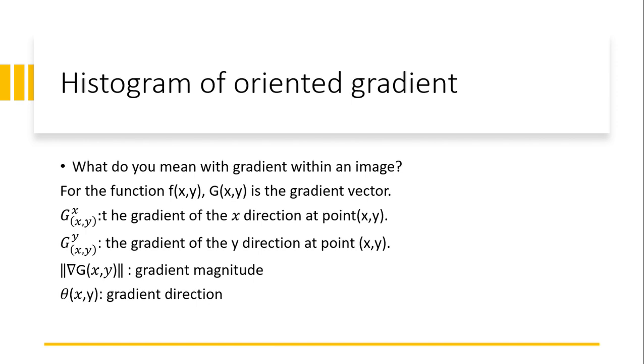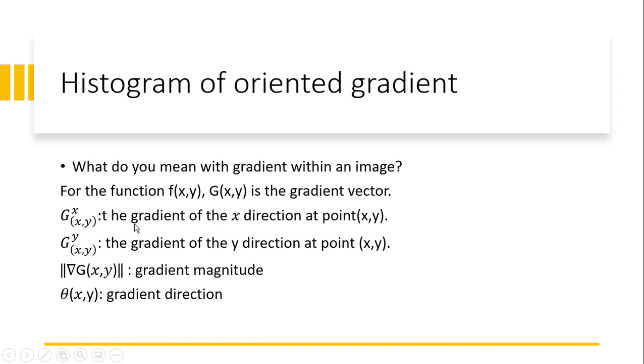Now let's go through the histogram of oriented gradients and the mathematical part. What do we mean by gradient within an image? Let's assume that f of x, y is a function representing the whole image, and g of x, y is a function representing the gradient vector of the f of x, y image.